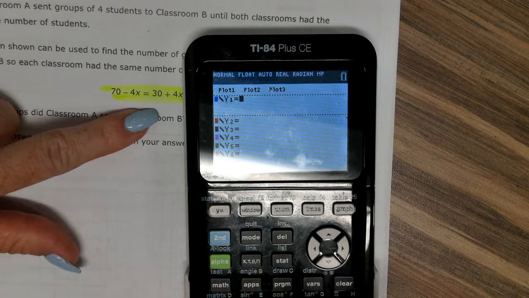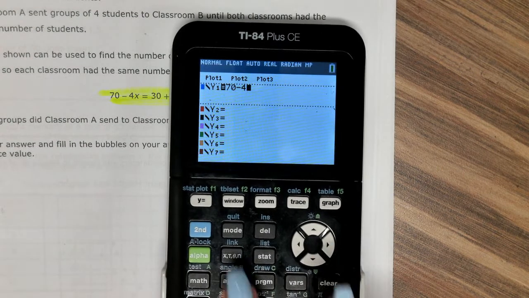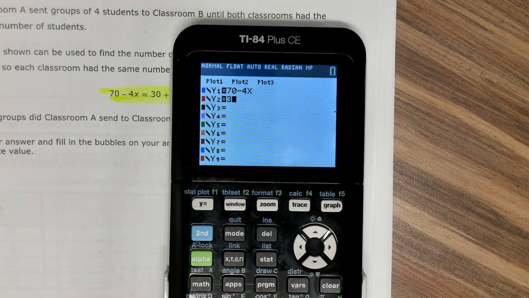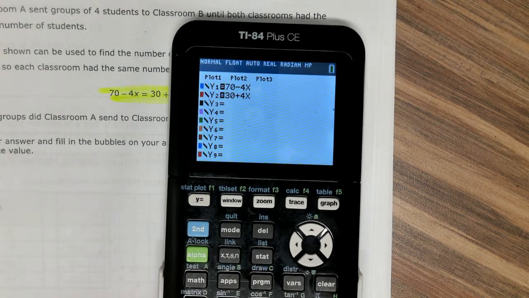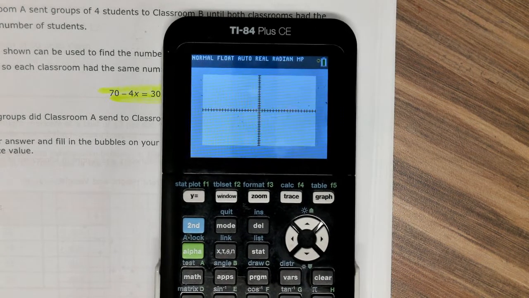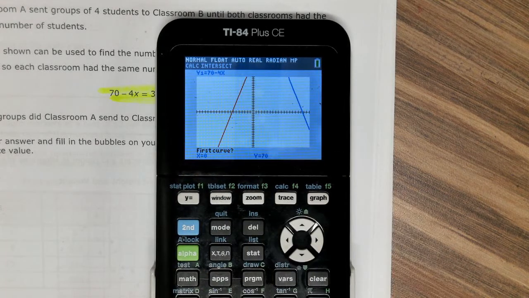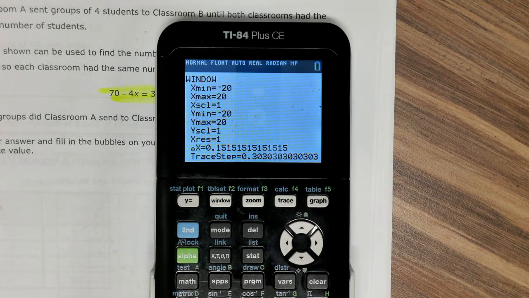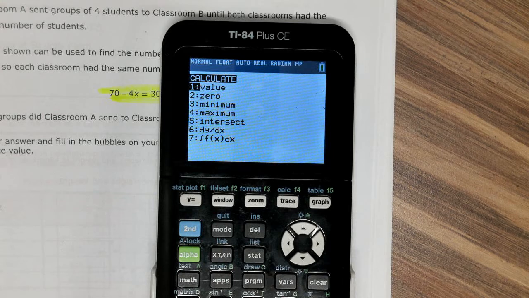So you go to y equals, delete everything that's there, and you type it in. 70 minus 4x, tab down, 30 plus 4x. Now what do I hit? Second trace, intersect option. Wait for it to graph. Can I see the intersection? So do I need to probably zoom out or change my window to negative 200, positive 200? Let's see if this will work.